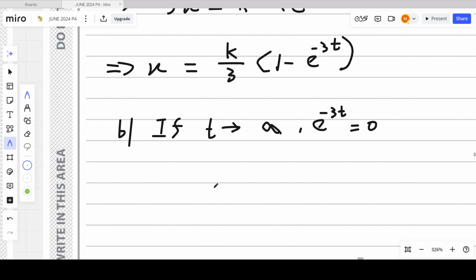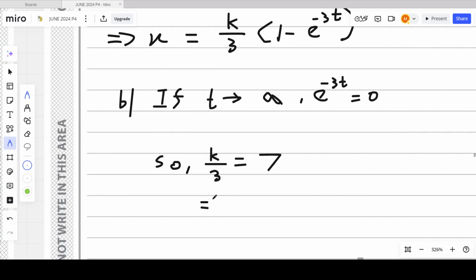So you'll get x. If it becomes 0, then k over 3 equals to 7, because they said x would be 7. So that means the value for k would be 21. That's the value for k.